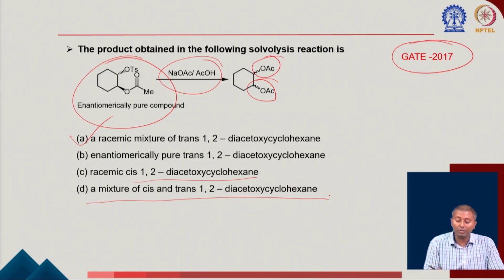We are talking about a 1,2-disubstituted cyclohexane. Now if you think about drawing them, you have an OTs here, and then you have an O-acetate here.